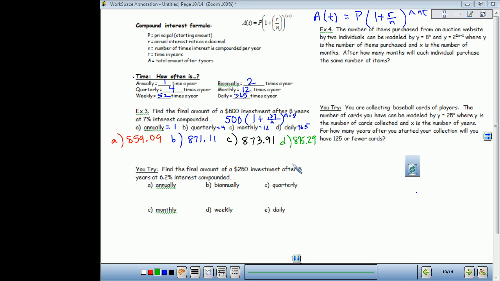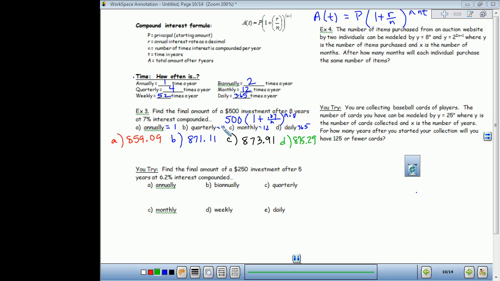Now, compounding means when our interest is left in the account, added to the account, and the interest earns interest. So the interest that you earn continues to earn more and more. So the more times we compound it, the more times we add back that interest. Annually means we only add back that interest once a year.